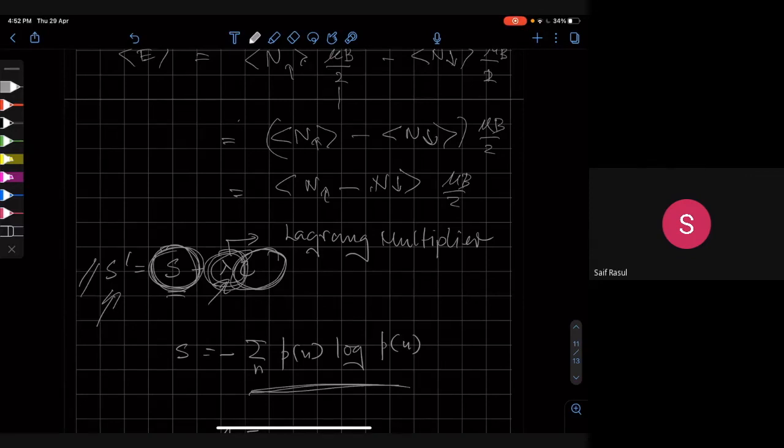Right. So, you expect that at T equals 0 it would be an ordered phase, right? Whereas at T infinity, it would be a completely disordered phase.